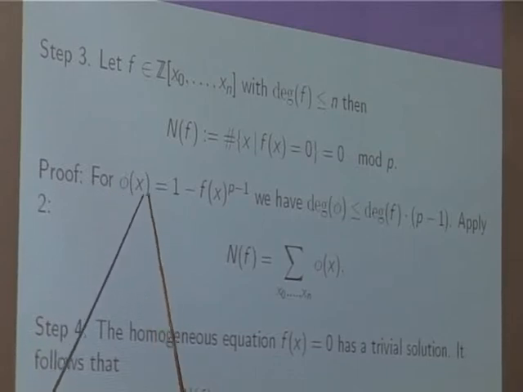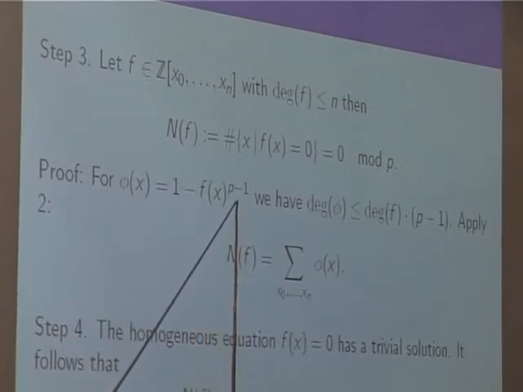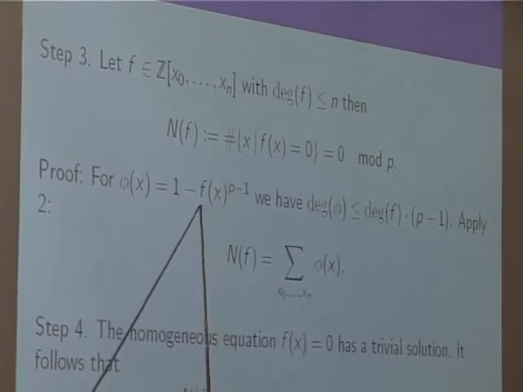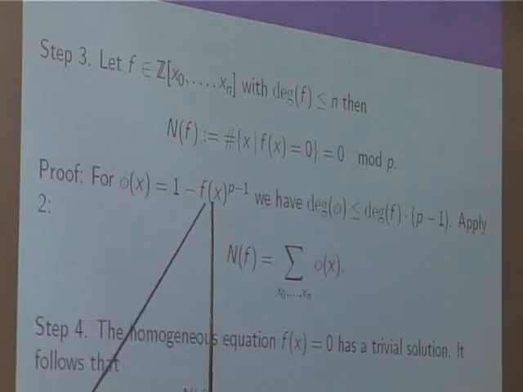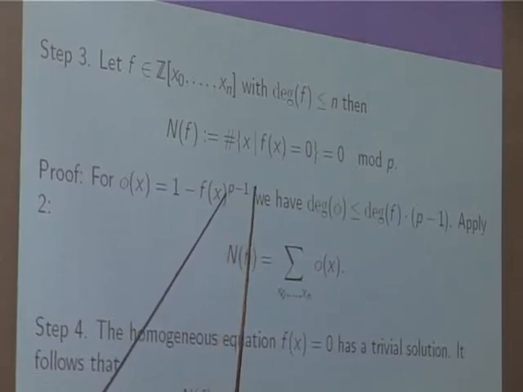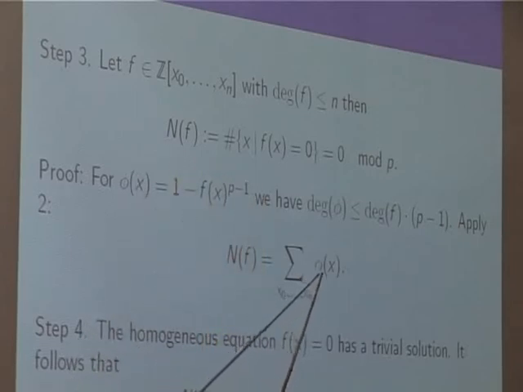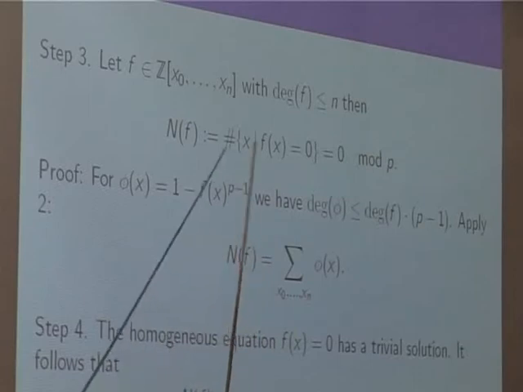So we look at this particular expression, 1 minus f of x to the p minus 1. And again, it's sort of a delta function. If f of x is 0, then 1 minus 0 gives you 1. And if f of x is non-zero mod p, then to the power p minus 1, it's 1. And 1 minus 1 is 0. So if you sum over all the x's possible of this, then you get exactly the number of solutions.